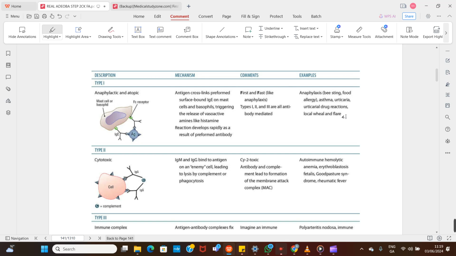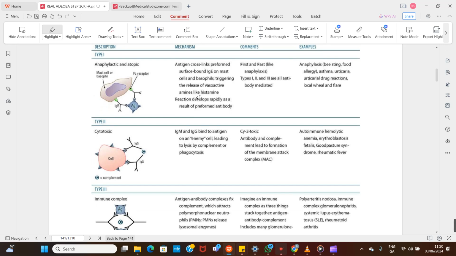The urticaria rash is just like the typical wheal and flare that you experience following exposure to this allergic stimulus, which brings about vasodilation of the vessels, particularly within the dermal capillaries, leading to formation of transient plaques and papules, which is the urticaria rash. So that is that about the type 1.